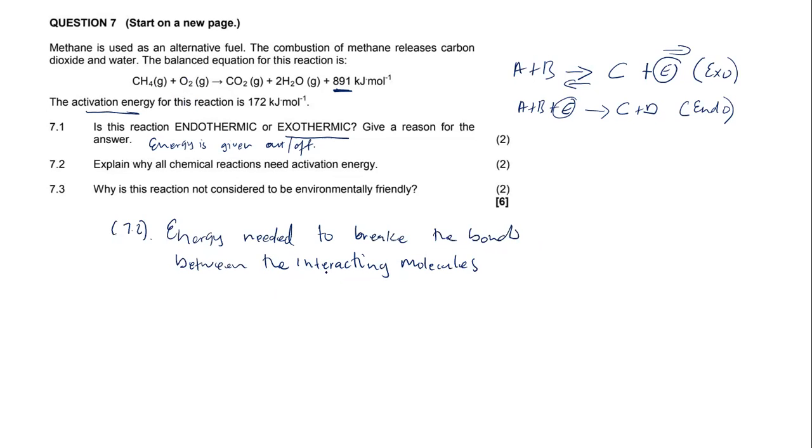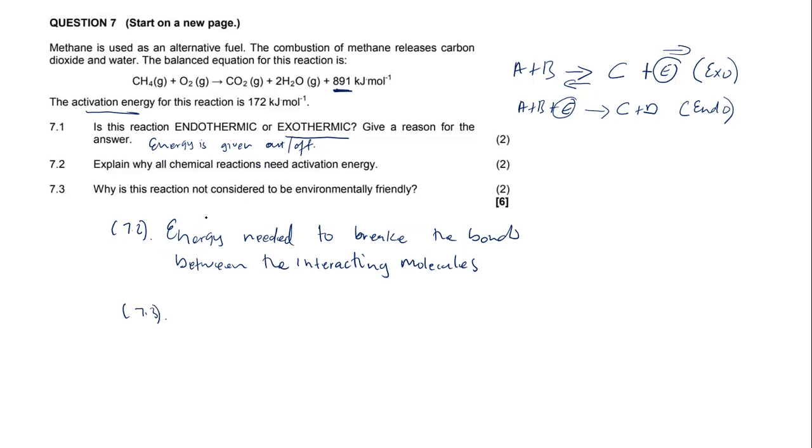But the thing is, for you to be safe, I'm saying interacting molecules, because some types of reactions can be reversible, so you can't always say reactants. So in this case, for you to make sense: energy needed to break the bonds between interacting molecules, so that these interacting molecules can freely interact with one another after the bonds have been broken off. That's how we answer this question, which is 7.2.